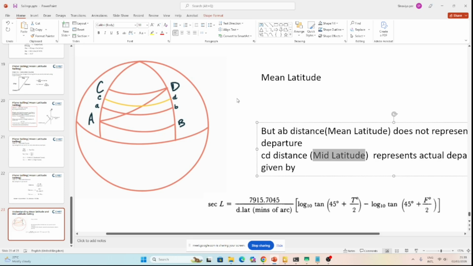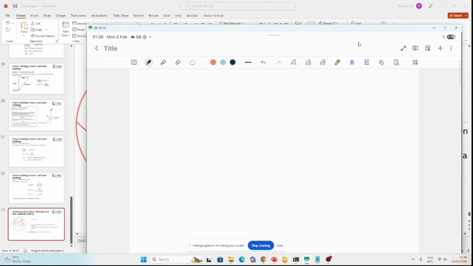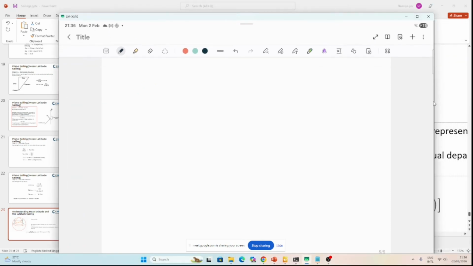You are going to be navigators, so you should understand what navigation is in the first place. That is why I'm going a little bit deep into the explanations. In the next session, I will do the calculation, you don't have to do it. I will show you the difference between these two. In the meantime, let's move on to one more sum in plain sailing.